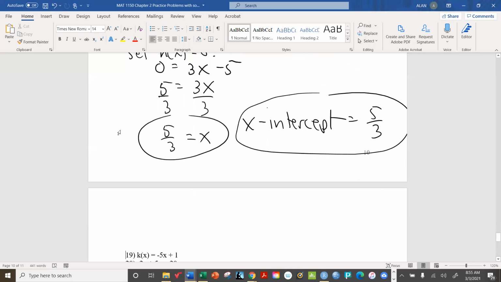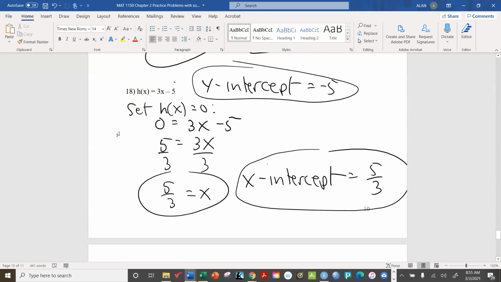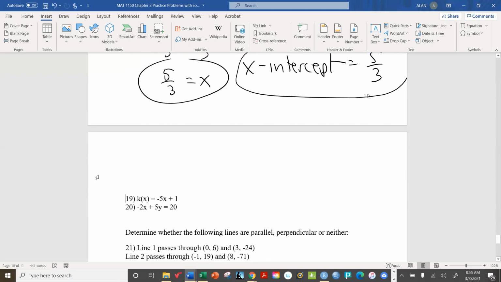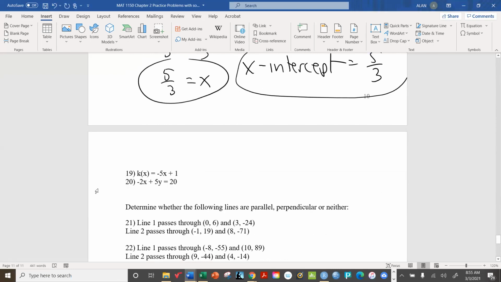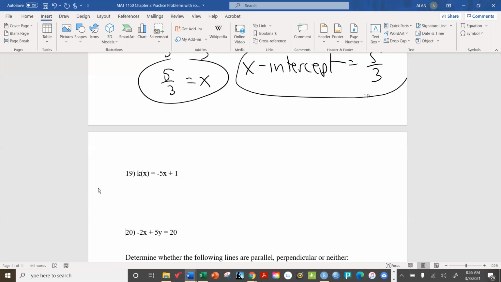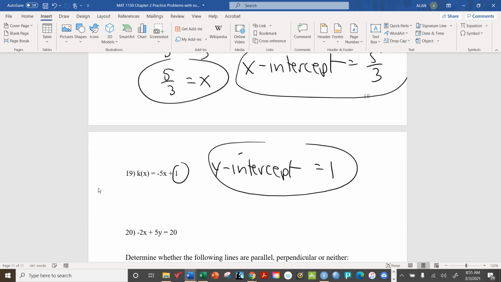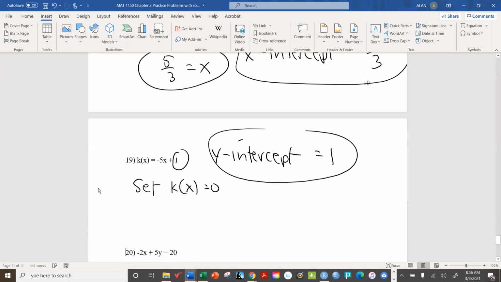Actually, the next one is in the proper form too. Man, this is our lucky day, isn't it? Doesn't usually work out that way, does it? No. All right, let's take a look at the next one. So again, we've already got our intercept. Now for the x-intercept, set k of x equal to 0 and solve for x.